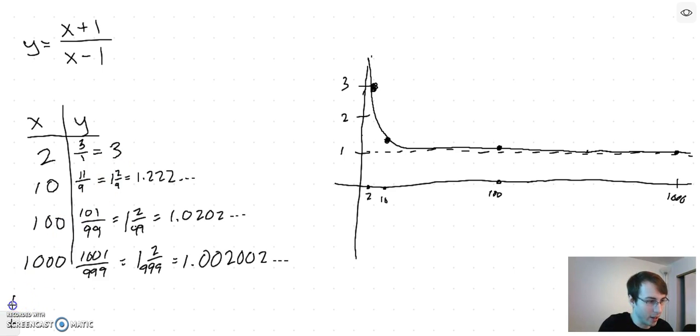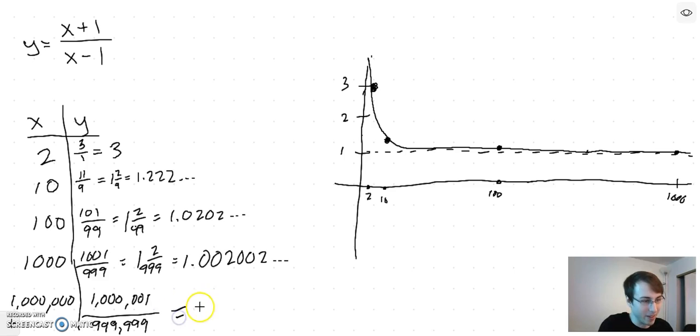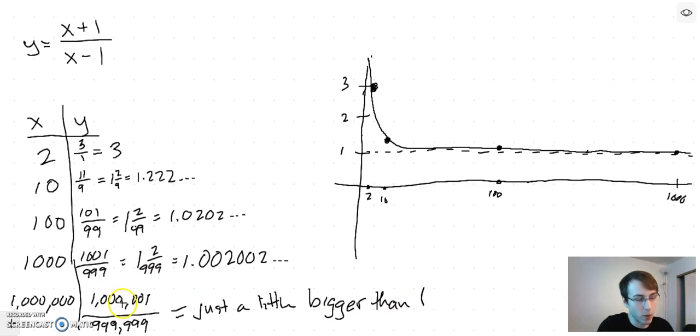If we plug in 1,000,000, we still get 1,000,001 over 999,999, which is just a little bit bigger than 1. So we never reach 1 because the top is always going to be a tiny bit bigger than the bottom of the fraction, but we get so close to it.